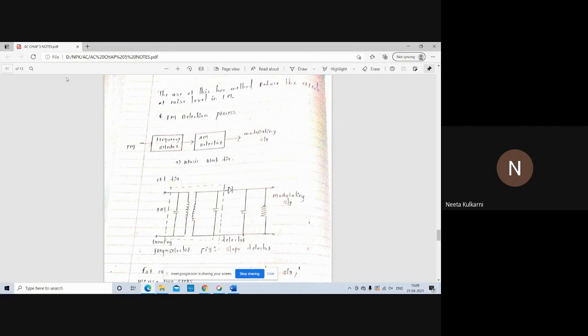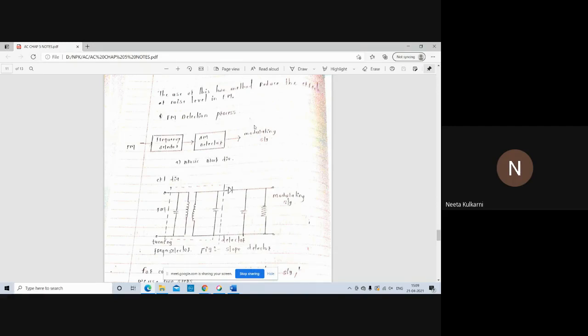So input frequency च्या proportionate मध्ये याच्यामध्ये output voltage generate होतं. So whatever is the FM is converted into equivalent AM signal form. आणि मग जो जनरेट झालेला AM signal तो आपण पुढे AM detectorला देतो, and through that AM detector we are able to recover our original modulating signal.